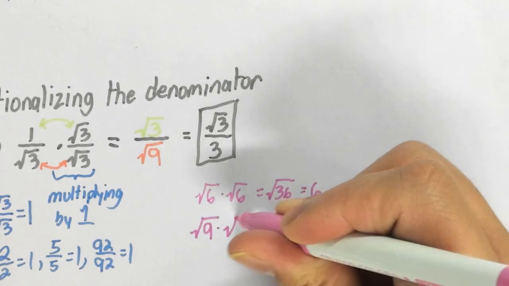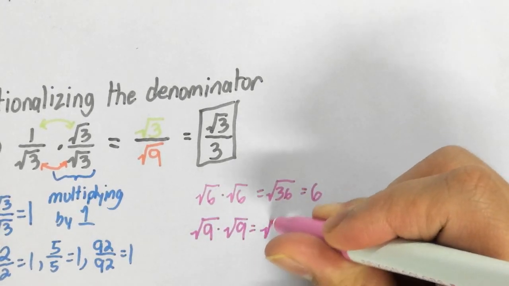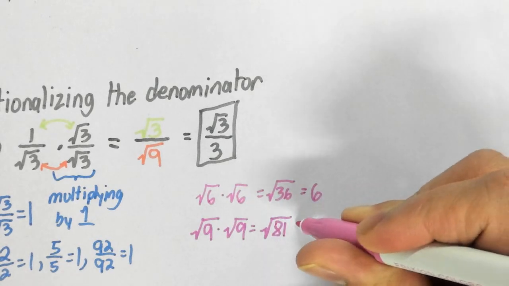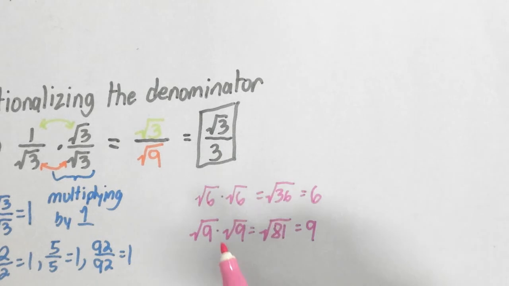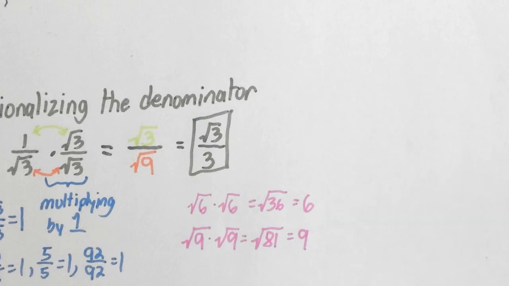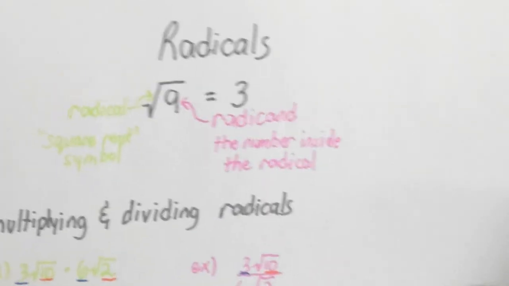Square root 9 times square root 9 is square root of 81, which gives me 9. Notice the pattern. When you multiply a square root by itself, the square root just disappears. And this is a handy trick for rationalizing denominators. Alright, so there you have it, radicals.